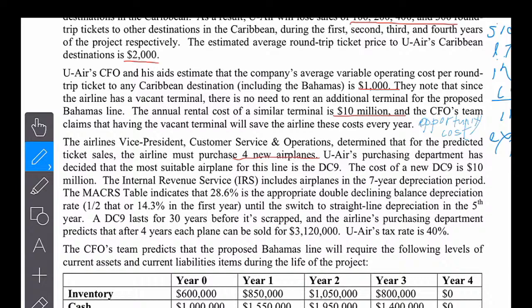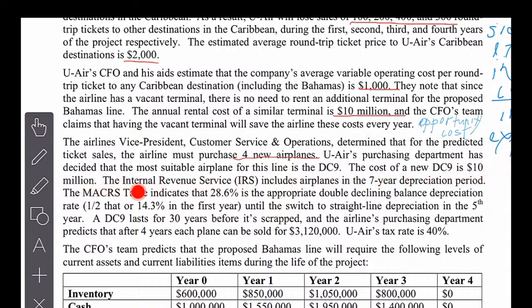UAir's purchasing department has decided that most suitable airplane for this line is the DC-9. The cost of a new DC-9 is $10 million.